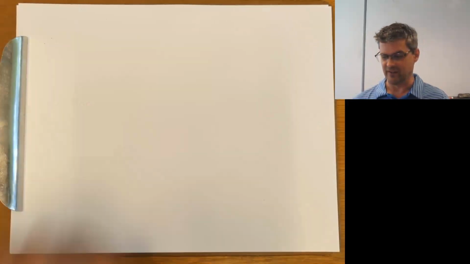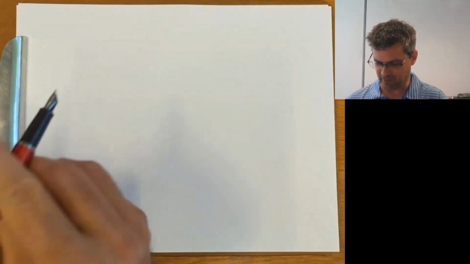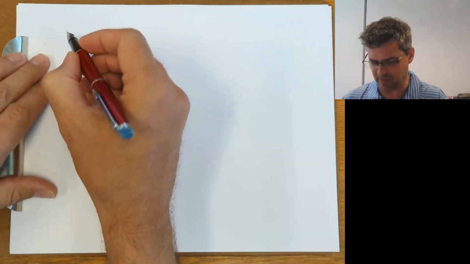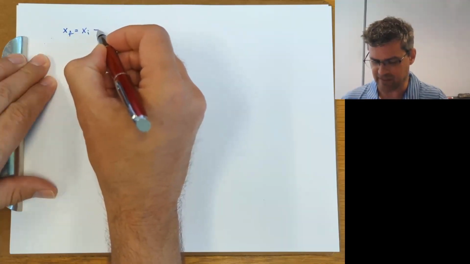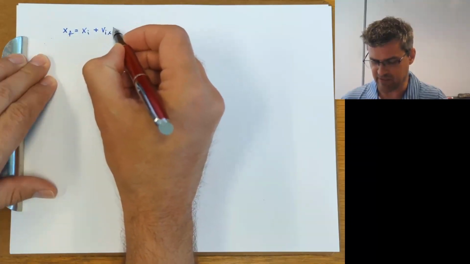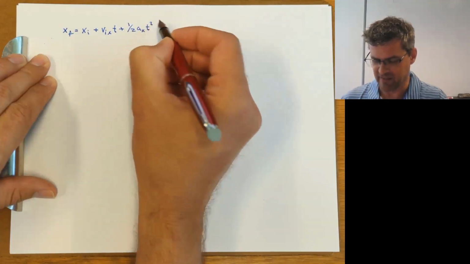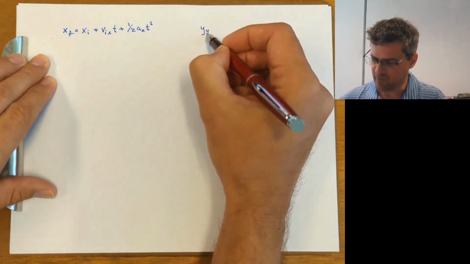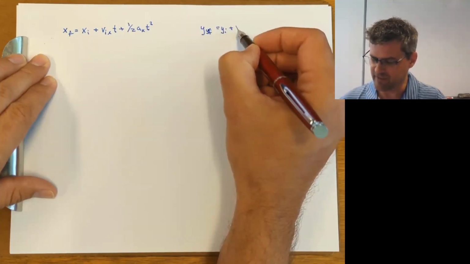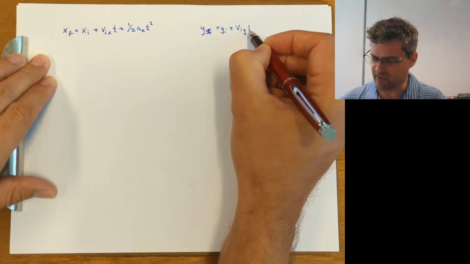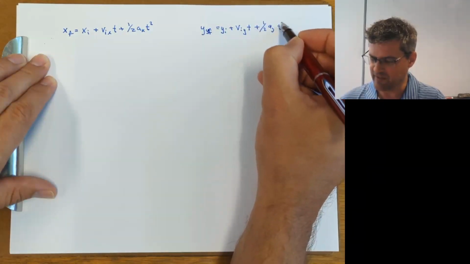Another way that we see this parabolic behavior is set up in a slightly different way. Now we start the problem the same way we did before. X final is equal to x initial plus v initial in the x, t plus 1/2 a in the x, t squared. Y final is equal to y initial plus v initial in the y, t, plus 1/2 a in the y, t squared.